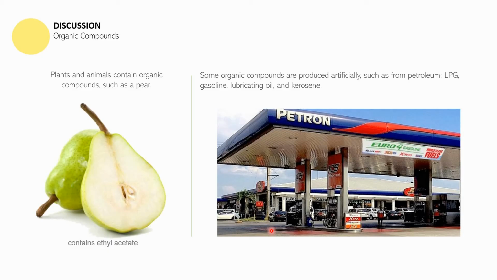And then some organic compounds naman are produced artificially. So they can be produced naturally. They're also produced artificially, such as petroleum. In petroleum, it is processed to become either liquefied petroleum gas, yung ginagamit natin na nilalagay sa tangke, pinanluluto usually sa bahay. Gasoline.